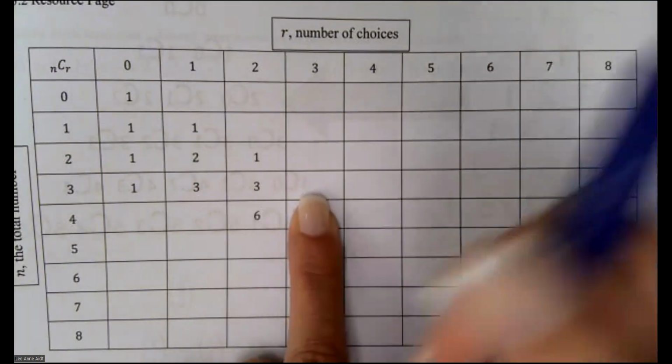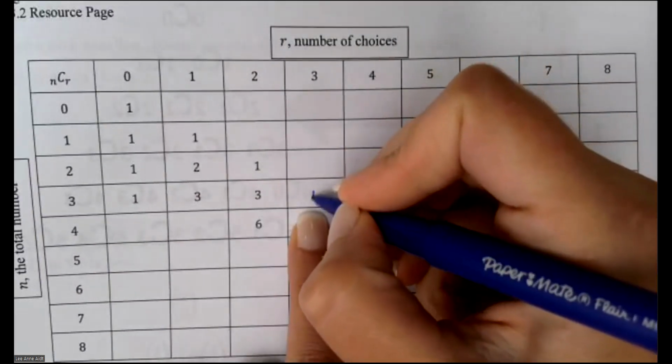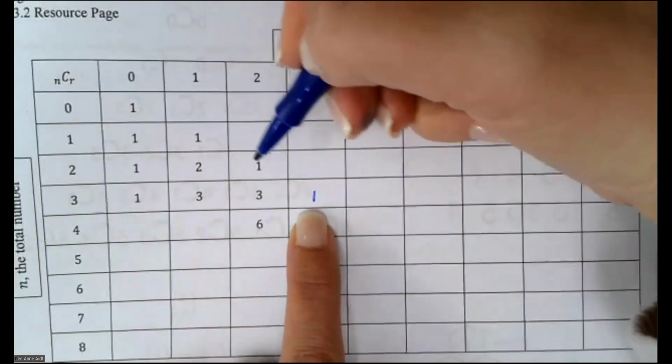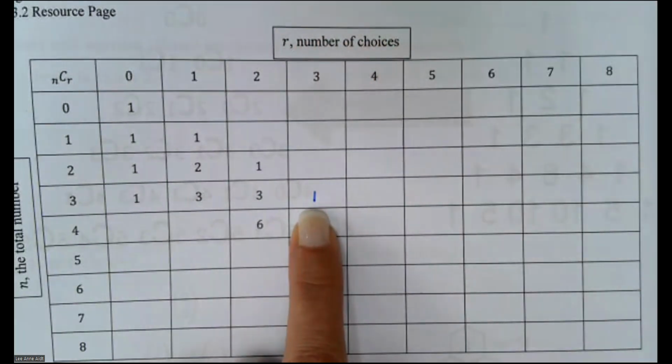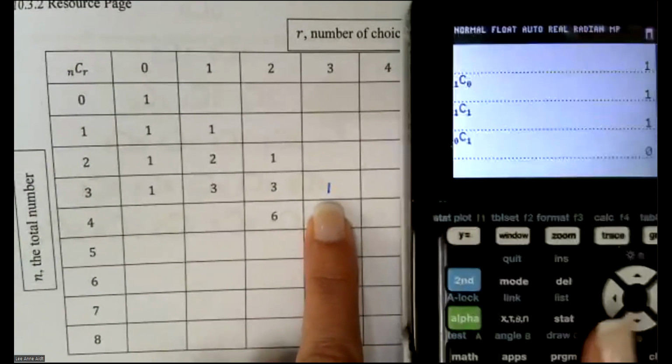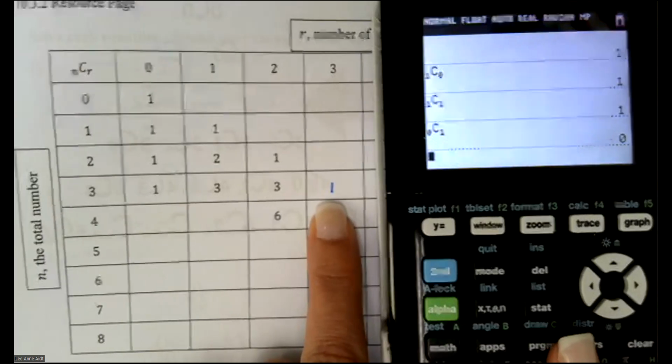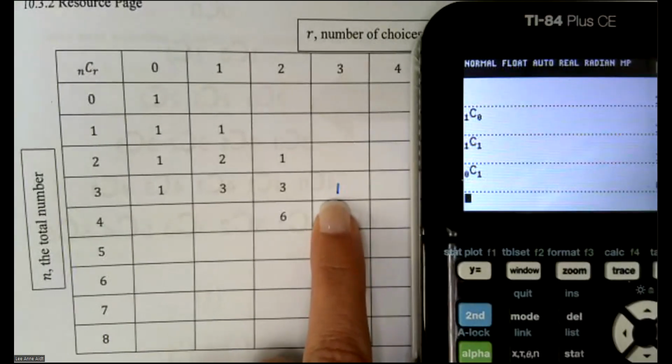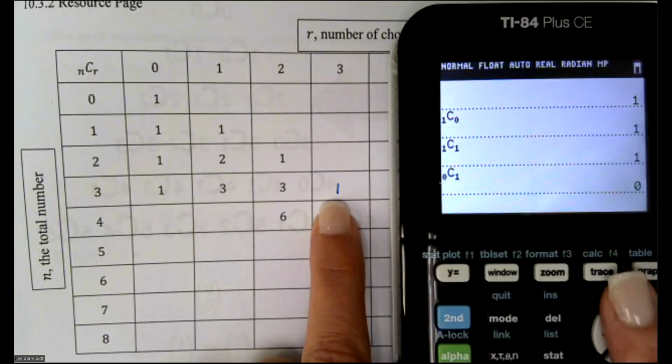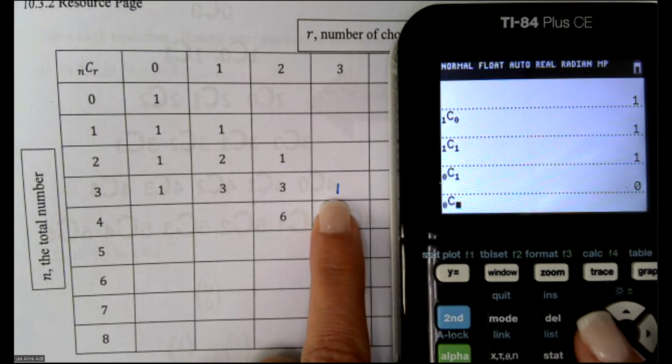You can tell it's going to be 1 because of the diagonal pattern of 1's coming down in this direction. Also, what is this question asking? It's asking how many ways can you choose 3 things out of 3 things? 1 way. But let's just verify because you guys think that Mrs. Talbot's making up some hoodoo over here. Here we go. 3C3 is 1.